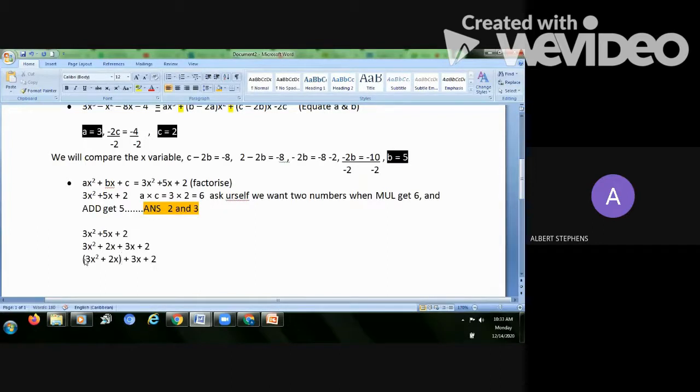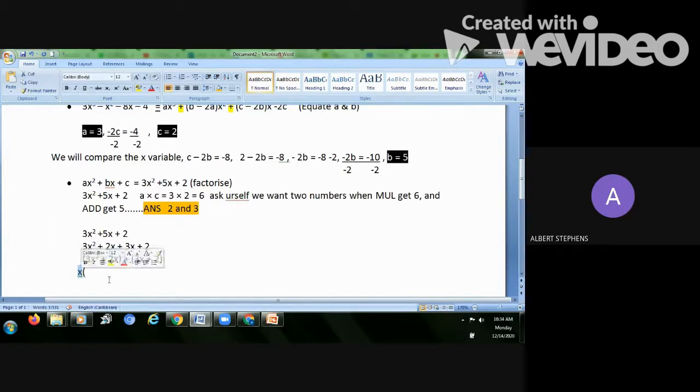All right, so we bracket those 2 terms. Can someone tell me what is the common factor in this bracket here? X. Right, it's x. To get what goes in the bracket, we divide everything by the factor.